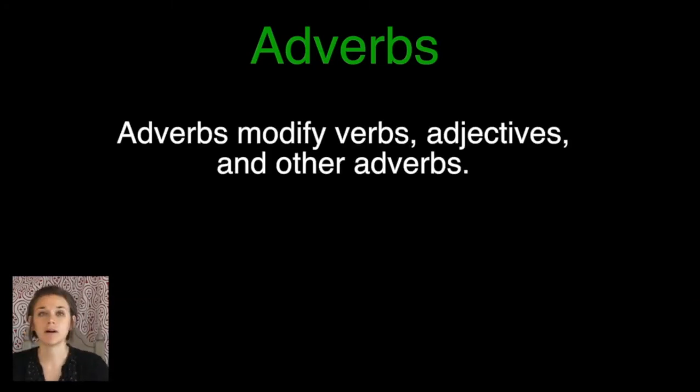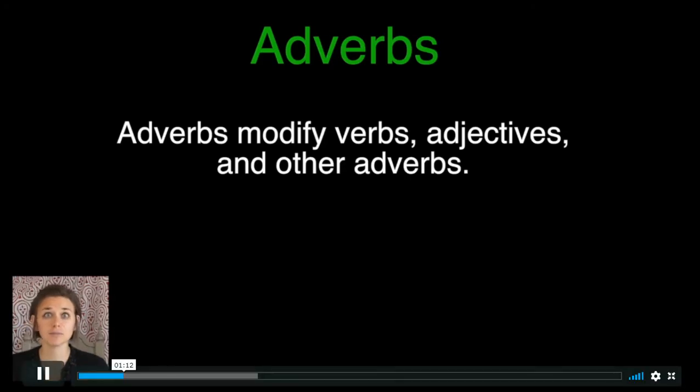Adverbs are words that modify or describe verbs, adjectives, and other adverbs. So these guys, adverbs, can modify 3 different parts of speech. Adjectives could only modify nouns and pronouns. Adverbs can modify verbs, adjectives, and other adverbs. They can modify themselves. It's crazy. All right, let's look at some examples.